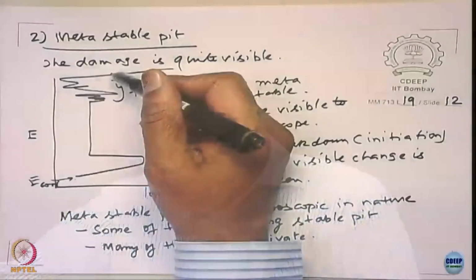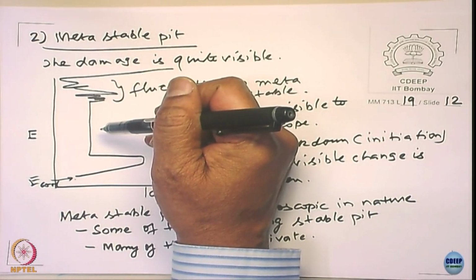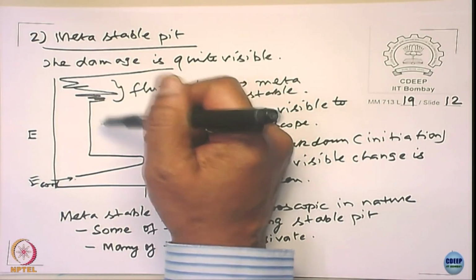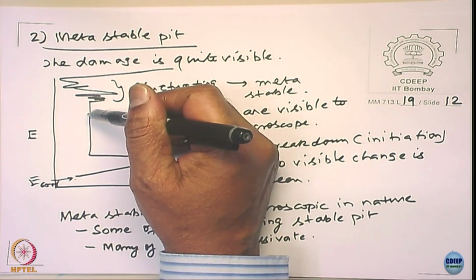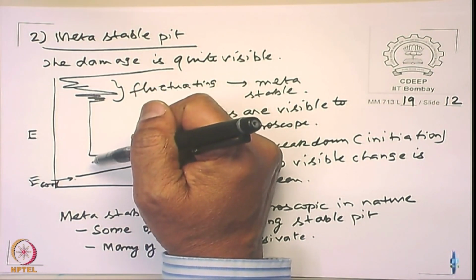Below the E pit, the chances of pitting becoming stable become less. In fact, it becomes less as you start moving down from here, or so to say, it is possible to have a pit even at this particular place, over here, over here, over here.